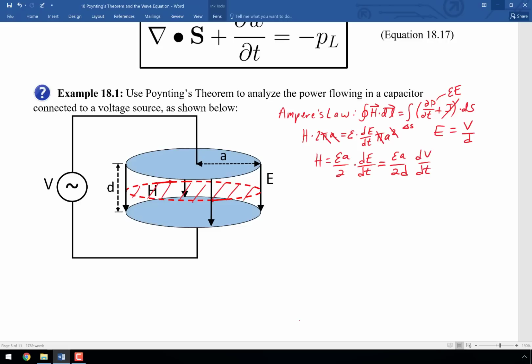I don't really know what V is. It seems to have a symbol here that represents a sinusoid, but I'm just going to leave it as a generic V for the moment. So H equals epsilon a over 2d dV/dt. And that's from Ampere's law.